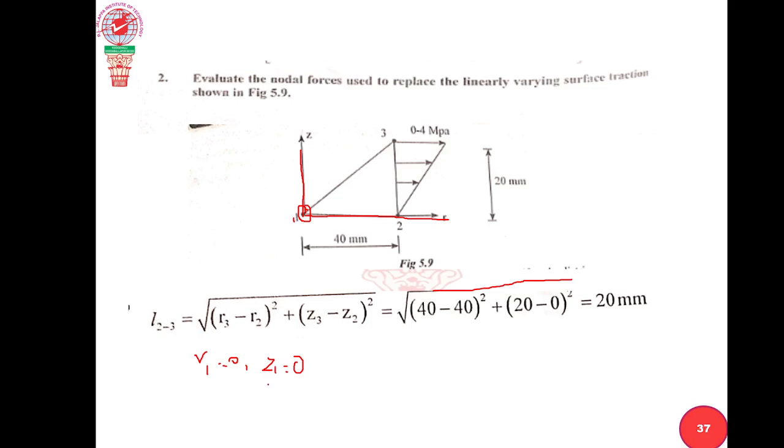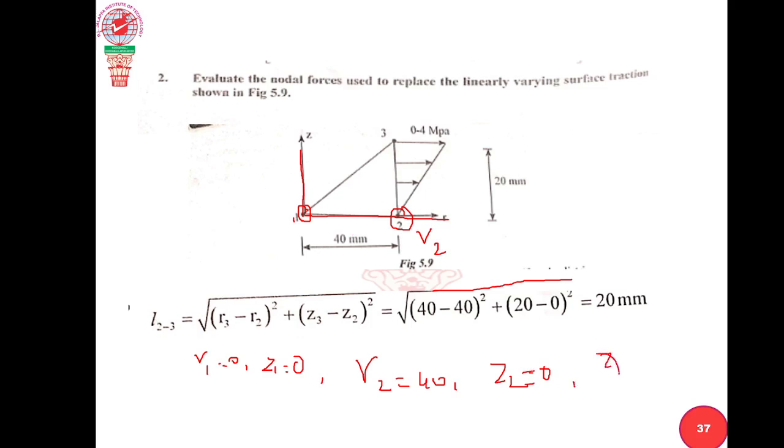Now let me come here. R1, Z1 are 0. R2 how much? 40 mm. Z2 how much? 0, because it is on the base, the origin only. R3 how much?